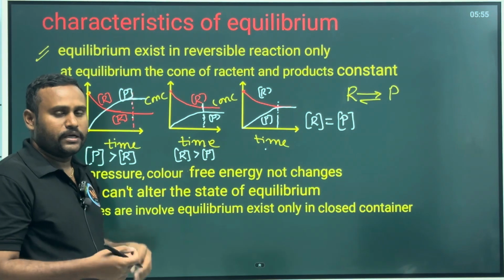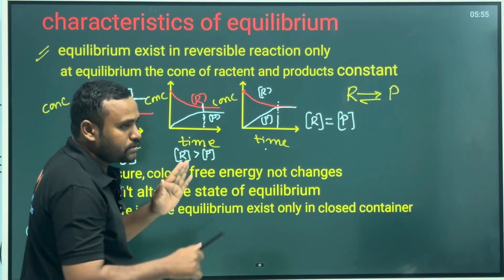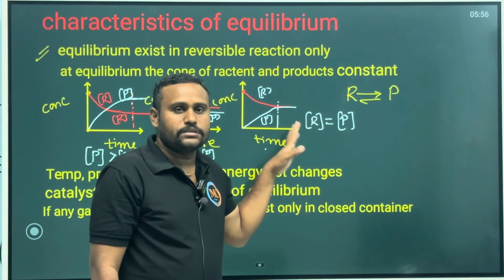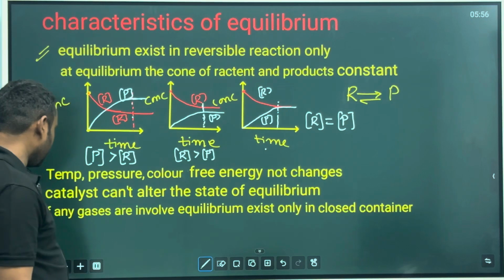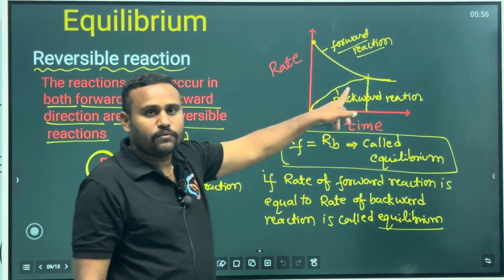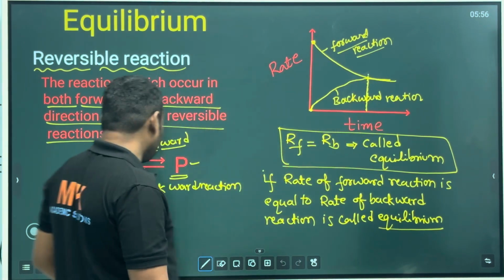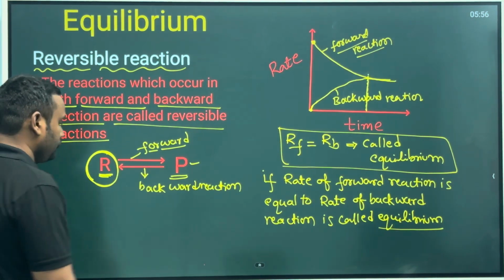These types of conditions are possible, but in all these graphs the concentrations of reactant and product are constant. And what about the rate of forward reaction and rate of backward reaction? The rate of forward reaction is always equal to the rate of backward reaction, but the concentrations are constant.